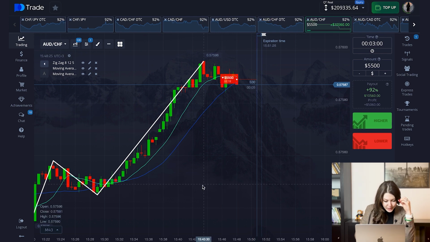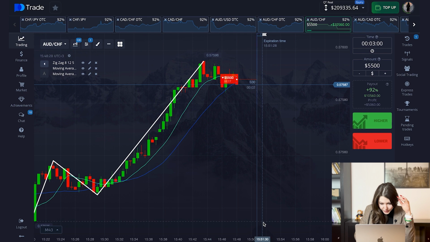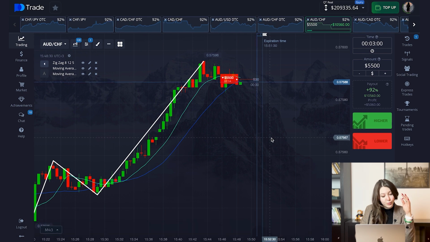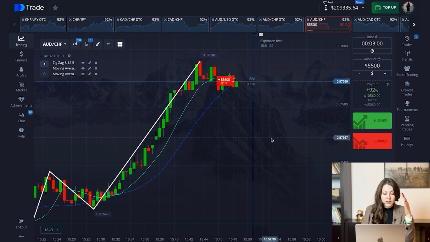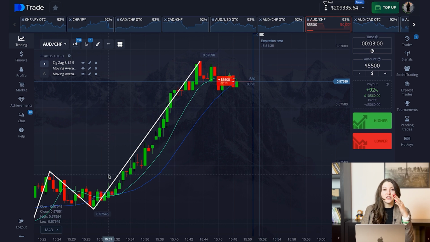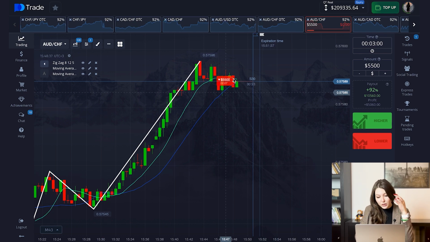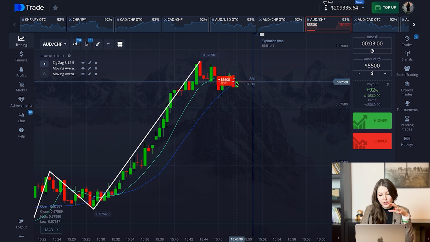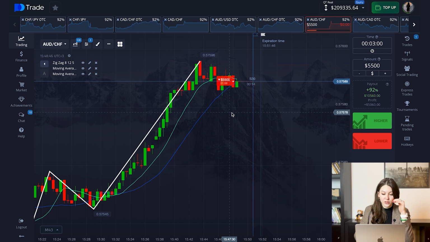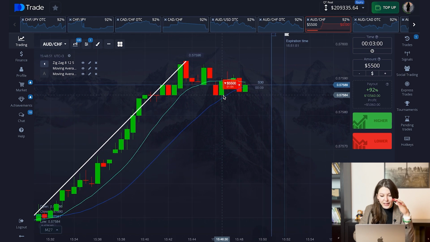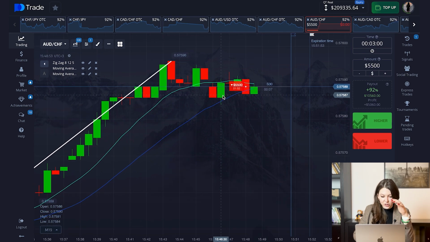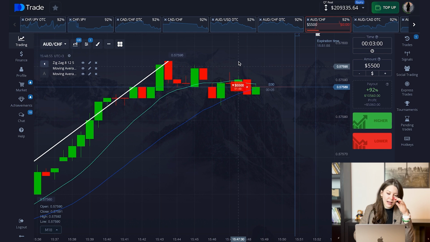As we can see, from 15:30 to nearby 15:15, there is about 20 minutes of growth that the ZigZag is showing us. Also, we can see the difference between the moving averages right here, and we understand that from here it's going to be falling down. Also we can see the candle analysis.